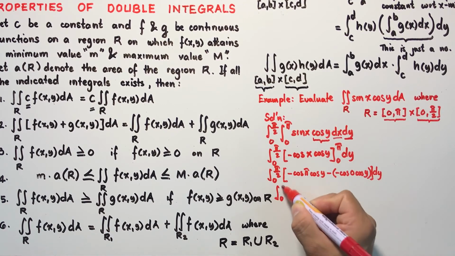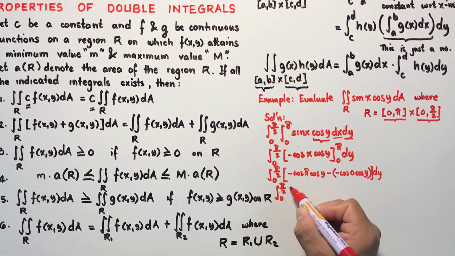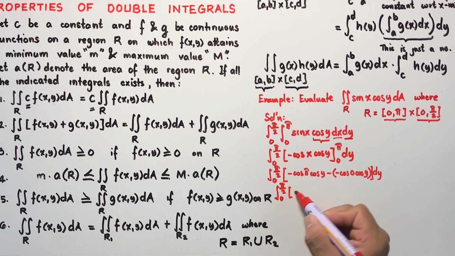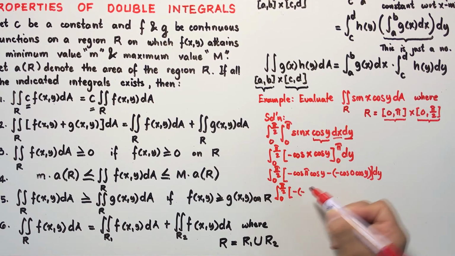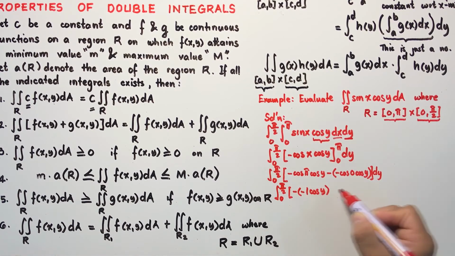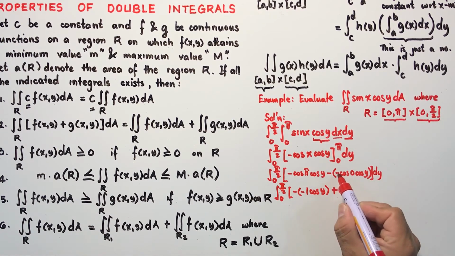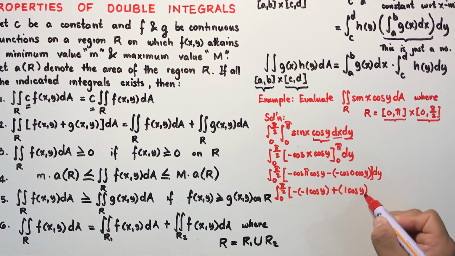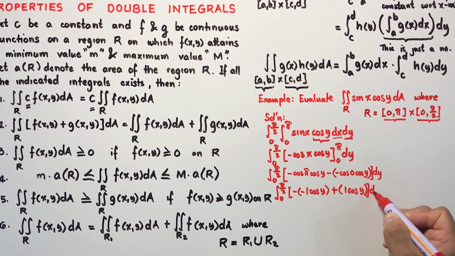So we have the integral from 0 to pi over 2. We know that cosine pi is negative 1. So this is negative 1 cosine y plus the cosine of 0, which is 1. And the negative of the negative is positive. So 1 cosine y dy.